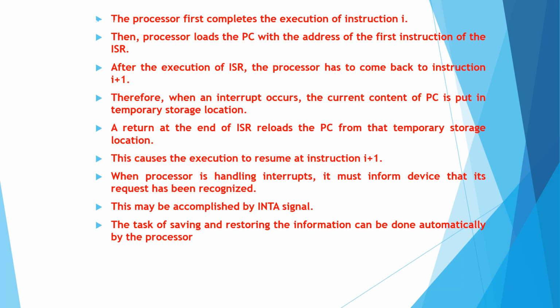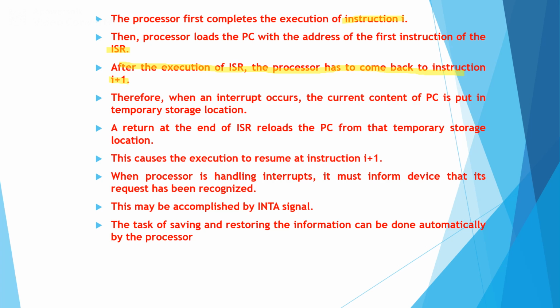Initially, the processor completes the execution of the instruction till the ith instruction. Then, the processor loads the PC with the address of the first instruction of the ISR, that is the print routine. After execution of the ISR, the processor has to come back to instruction I plus 1.